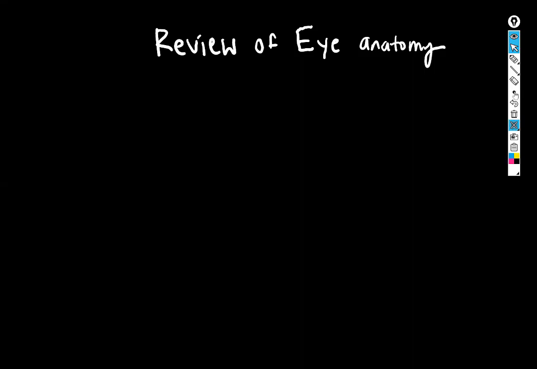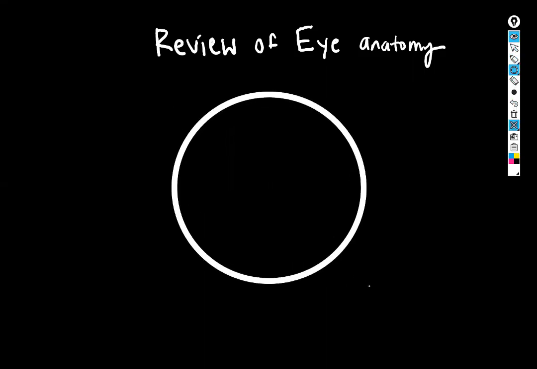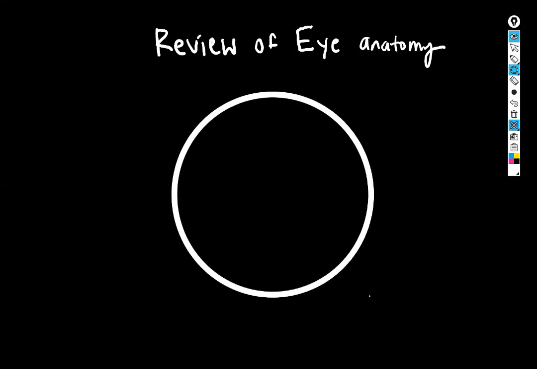So let's do the outermost first. And this is going to be, actually, you know what? I have a better idea. If I use the circle tool, then it will actually be round without me having to try and draw a circle.